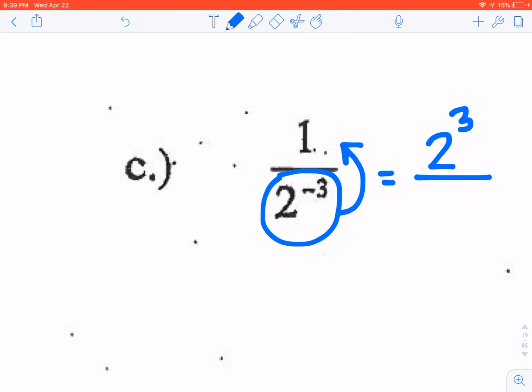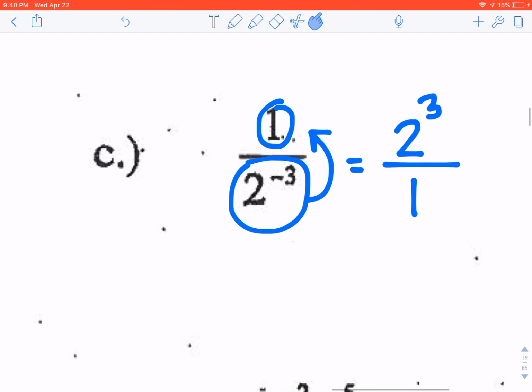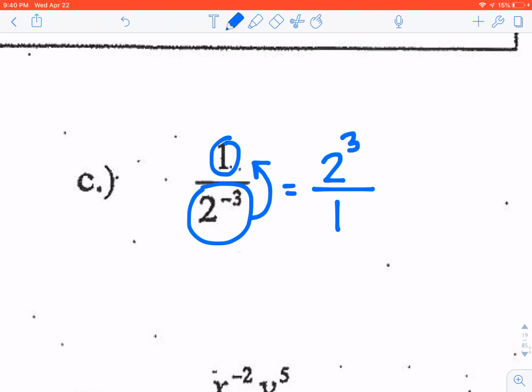If you want to put your placeholder of 1 on the bottom, you may. The 1 on top is technically still there, but since it's a 1, I'm just going to get rid of it, because 1 times 2 to the third is just 2 to the third. So if you want to simplify that even further, your answer is just 2 to the third.